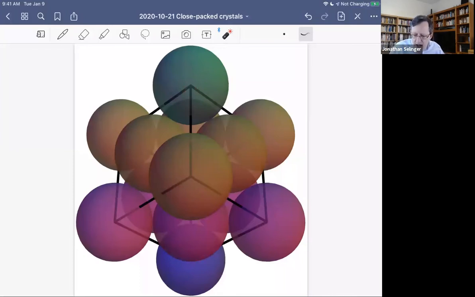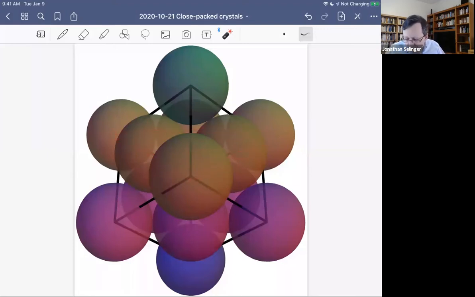You can see that it has layers when viewed from this angle. Viewed from this angle, we can see that there's a hexagonal lattice of these olive green colored spheres at this height.